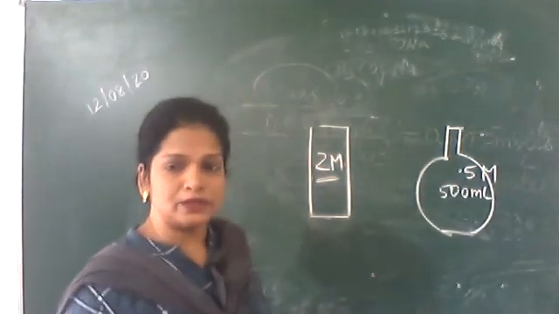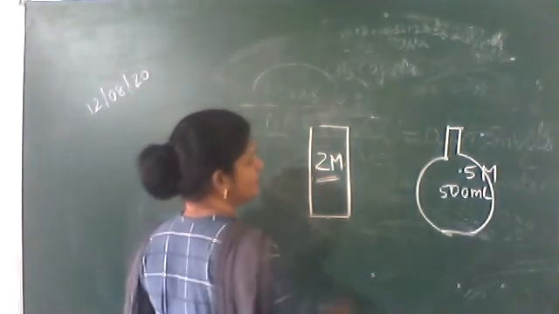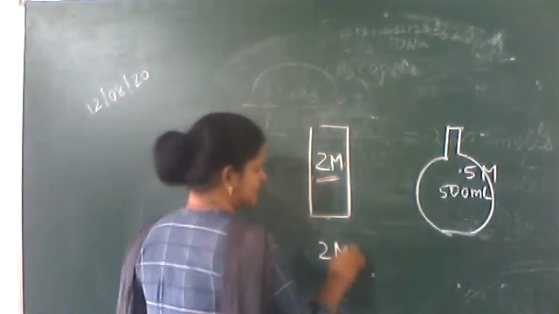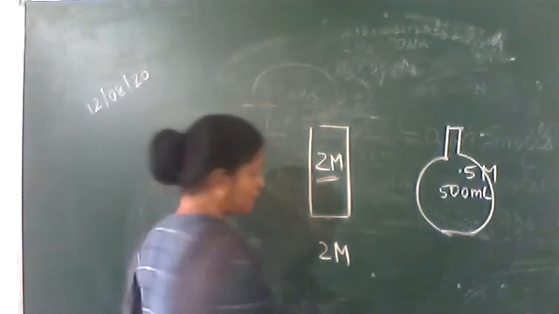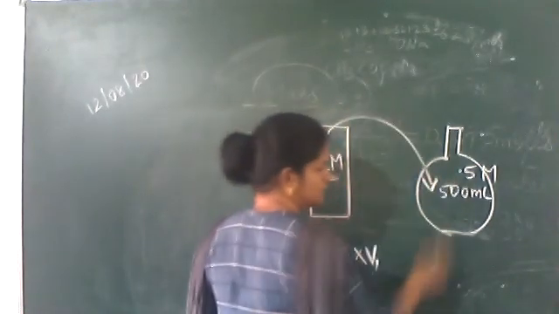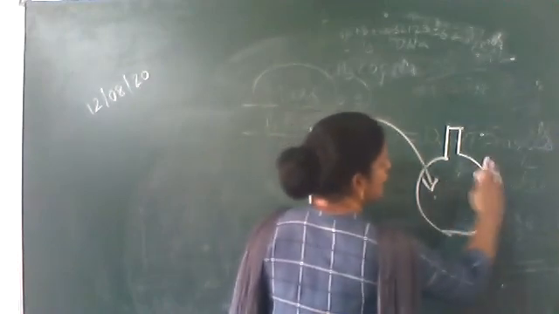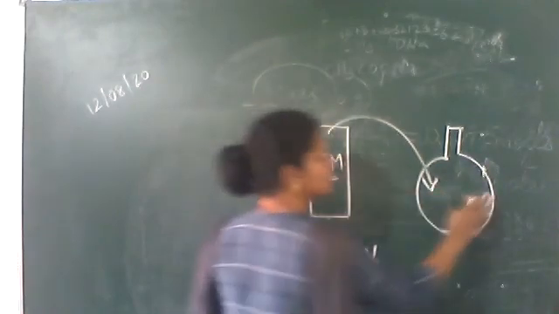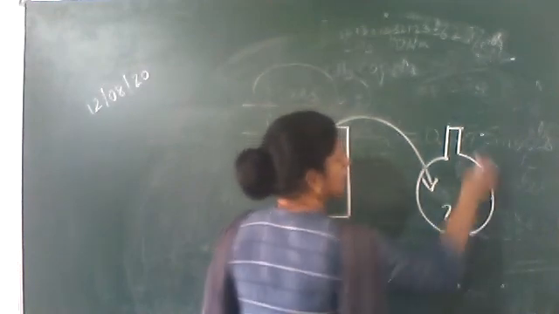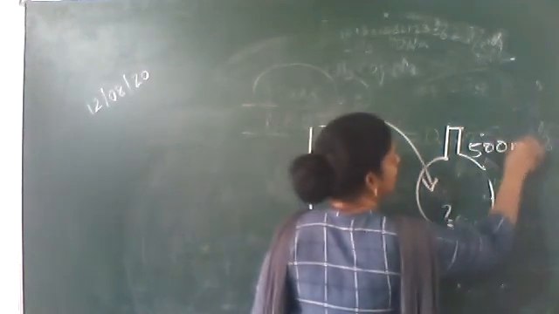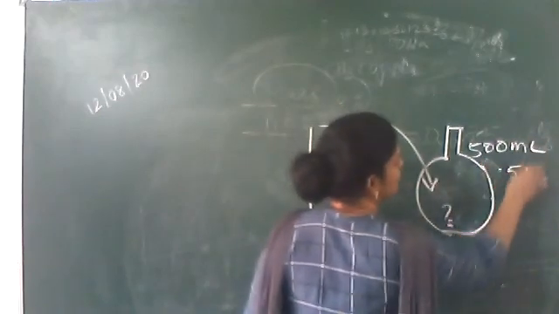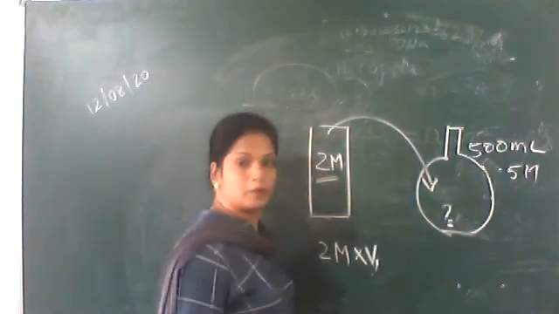So I'll be using the formula M1V1 is equal to M2V2. M1 is the concentration of the solution. V1 is how much volume of this solution I have to transfer to make 500 ml of 0.5 molar.